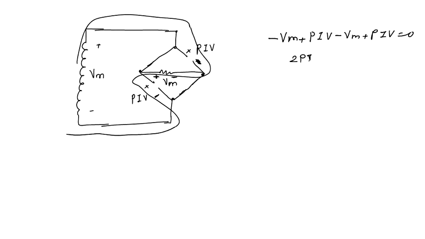So twice PIV equals twice Vm, so PIV equals Vm. So here only Vm voltage is appearing across the diode when it is reverse biased. This is the advantage of this bridge rectifier over the center tap full wave rectifier.